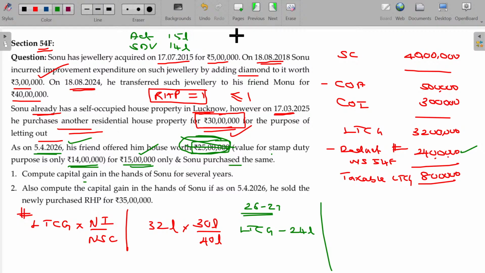Always remember, if stamp duty value is less than or equal to 110% of sale consideration, then the sale consideration can be taken directly. Else you have to apply section 50C. So it's naturally a decent price. The sale price is more than the stamp duty value. You can consider the actual sale price. No issues here. In 26/27, 24 lakhs is the long-term capital gain.